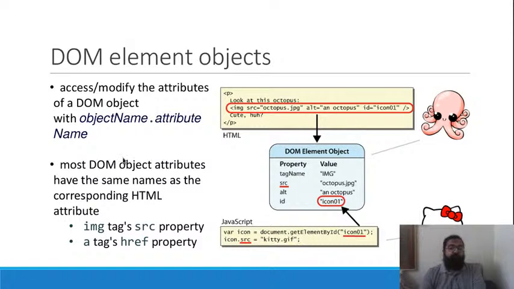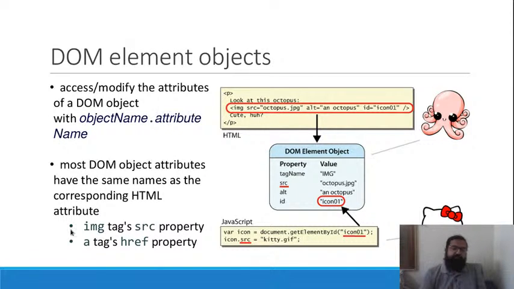Most DOM object attributes have the same names as the corresponding HTML attributes: the img tag's src property and the a tag's href property. If I have src in the HTML, but have to use source in the DOM object attribute name, and if instead of href I have to use URL for the a tag, then it becomes very difficult to remember.